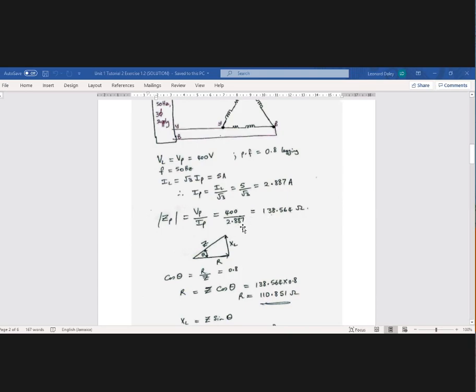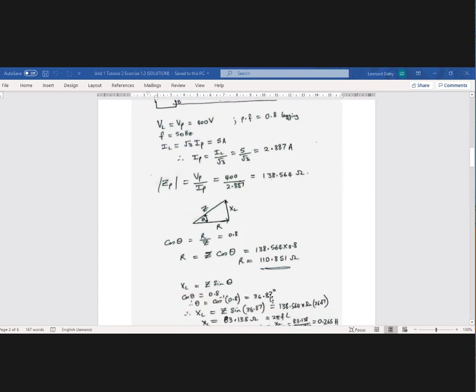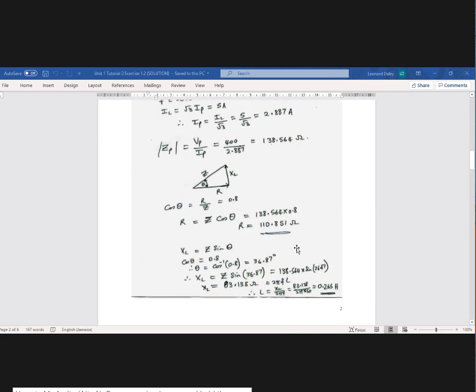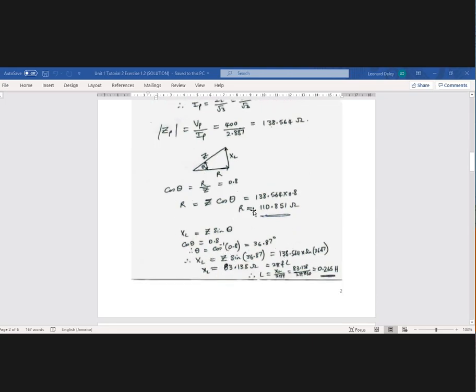So when you divide both magnitude and angles, now you get Z equal to 138.564 at angle 36.87, which is what we have down here anyway in the impedance triangle. And then from that we can find R and L. Okay? Yes, sir. All right, good.